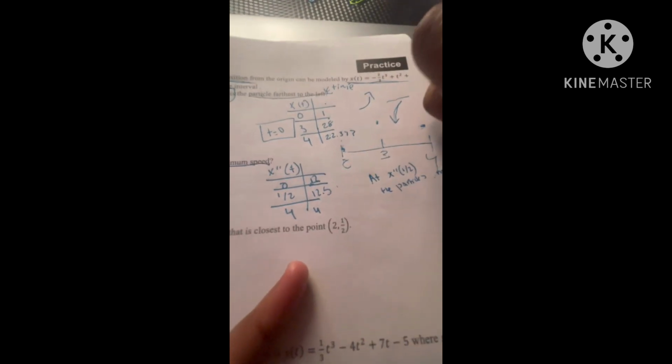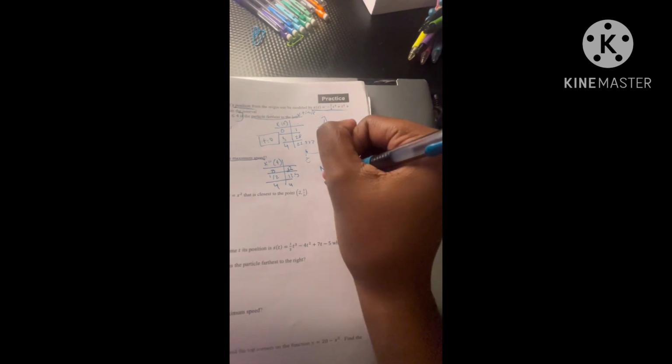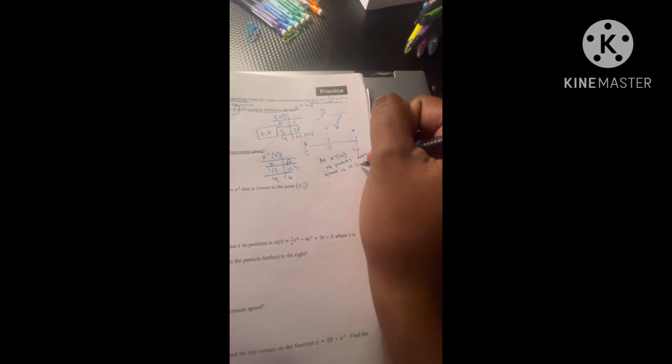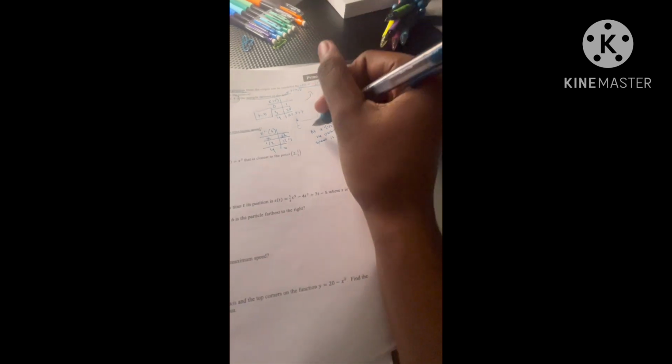The particle's maximum speed is 12.5 meters per second. Make sure to put your unit at the end, because that's very important. And that'll be all. Bye, guys.